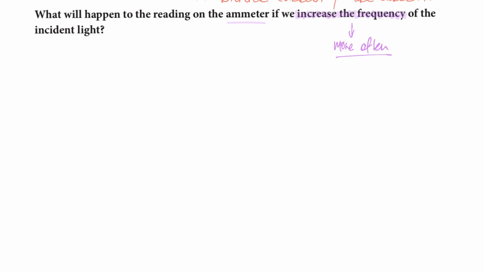What's actually going to happen is the ammeter reading remains constant. Now your brain's going to say to you, why would it be constant if we increase the frequency? It means there are more electrons coming in more often. So why this question is a little bit more difficult is that if the frequency of the incident wave increases, then the kinetic energy is going to increase.